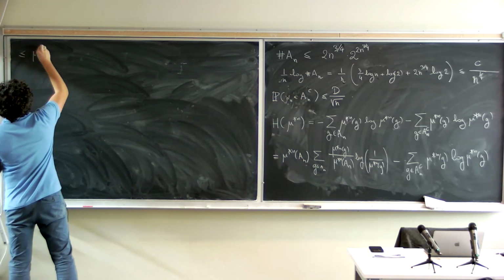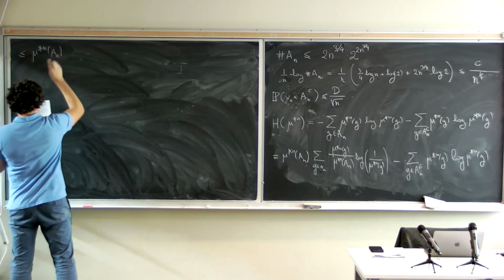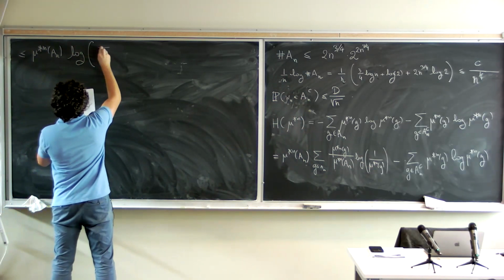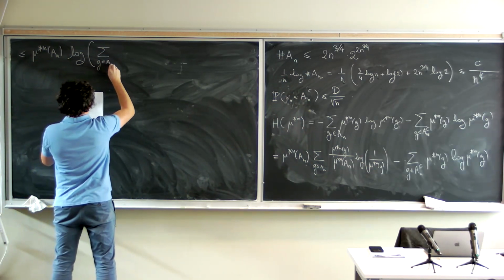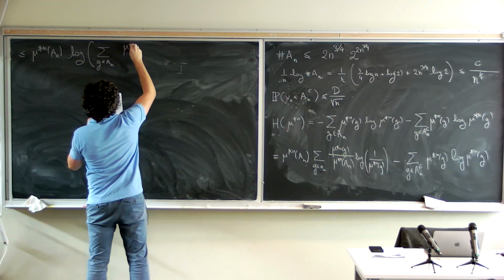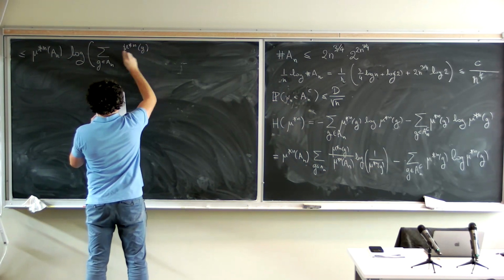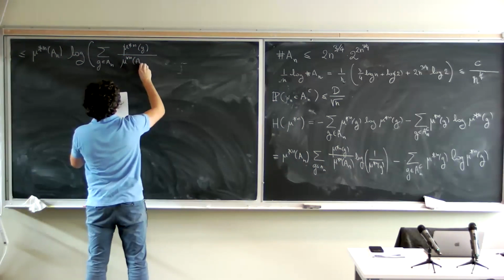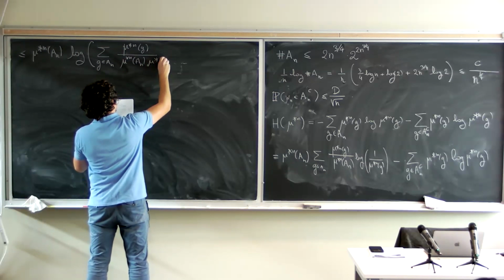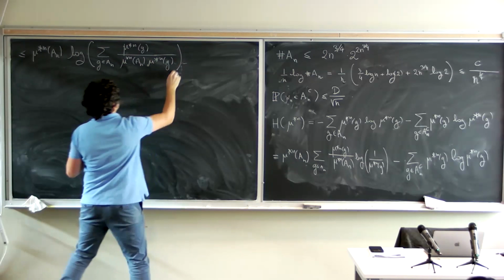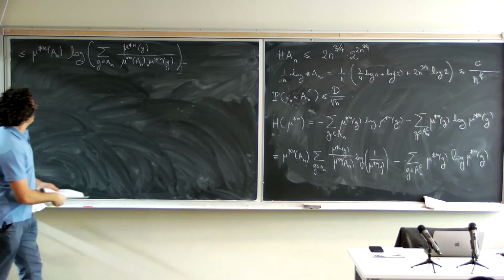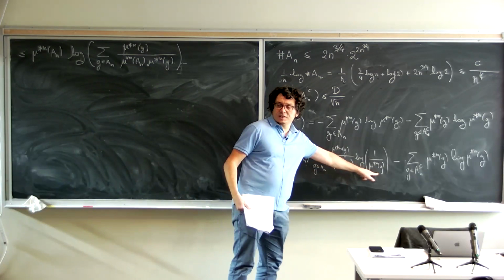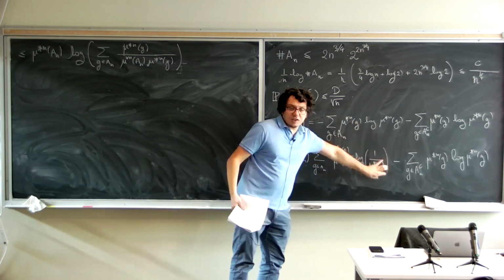So there is mu star n of A here times the log of the sum. So this is the weighted average of the log of this, so this is less than the log, bringing this inside.